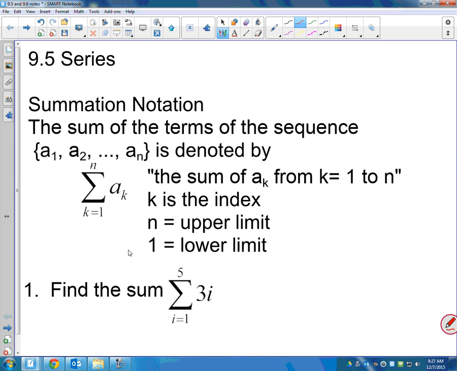And so I said it's the sum of a sub k from k equals 1 to n. So notice the k here, whatever letter is here, will be right here. Sometimes it's K, sometimes it's I, sometimes it's J. Usually one of those letters, but it really could be anything. And it tells you where to start, right? So K equals 1 is your lower limit, or that's where you start.